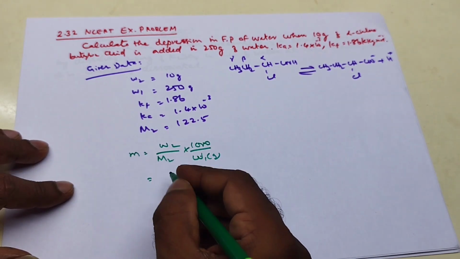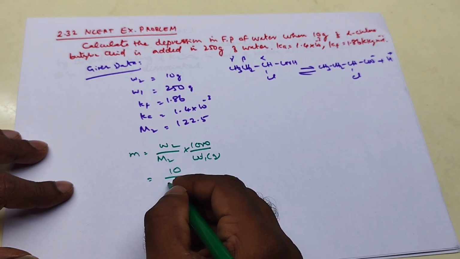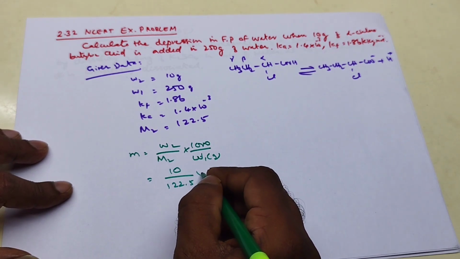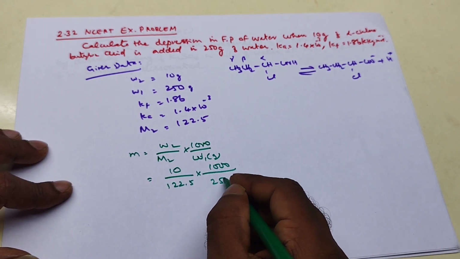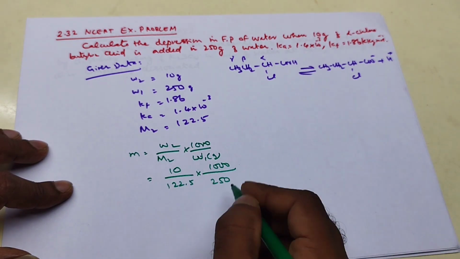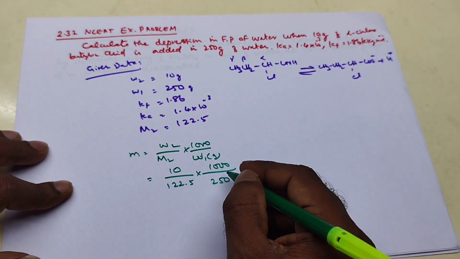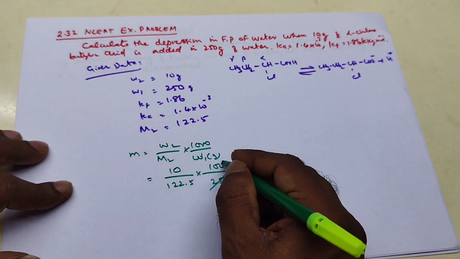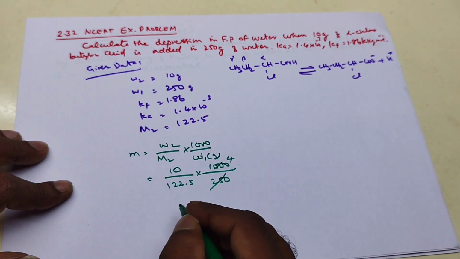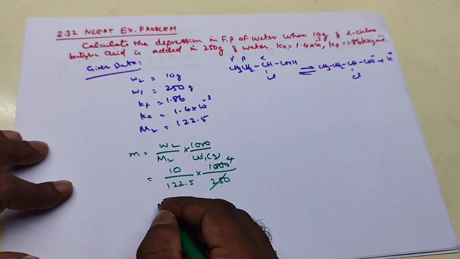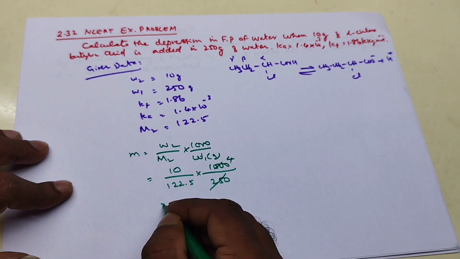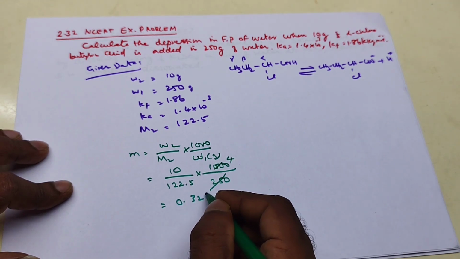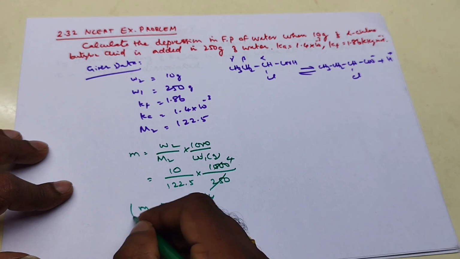You substitute here: W2 is 10, molecular mass is 122.5, into 1000, and W1 is 250 grams. First you have to find out the molality. So you cancel this, this is 4 times. Simplify it, we are getting 40 divided by 122.5, which is equal to 0.3264. This is the molality value.